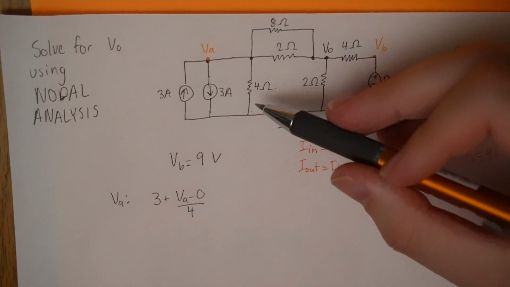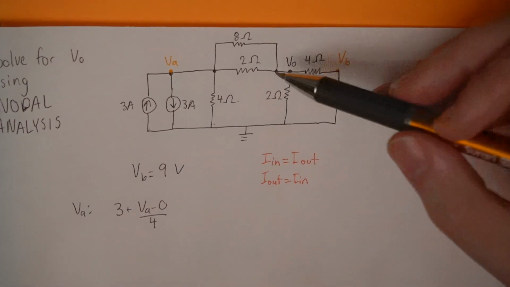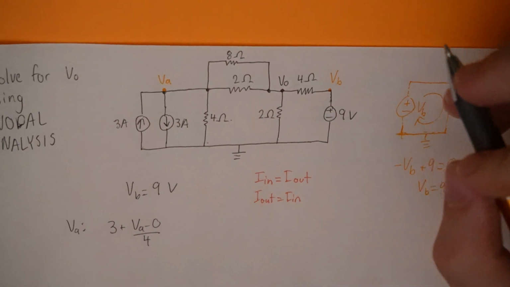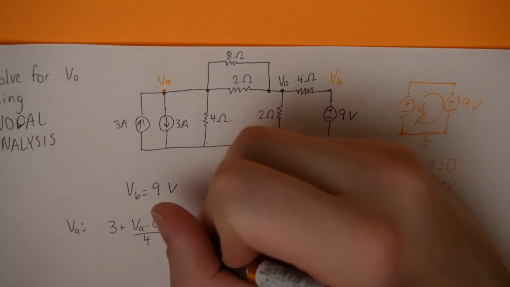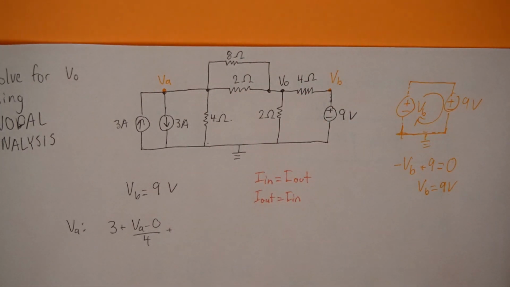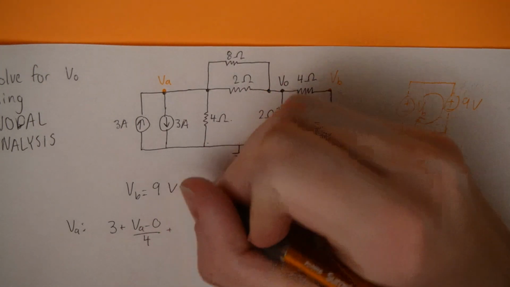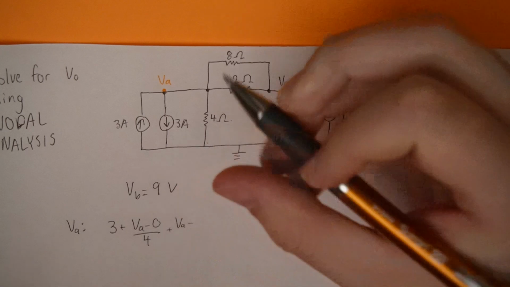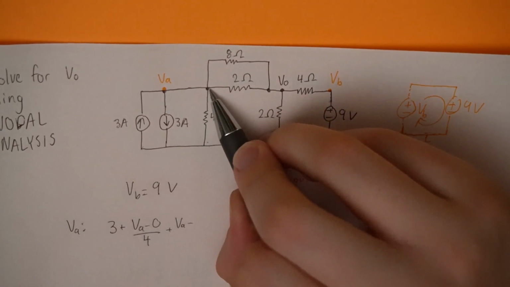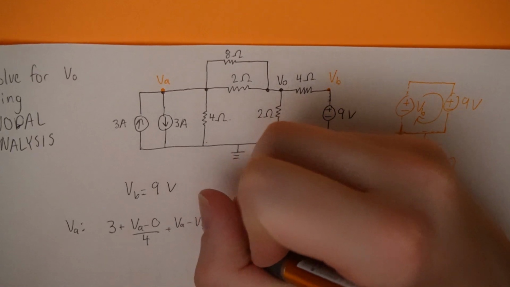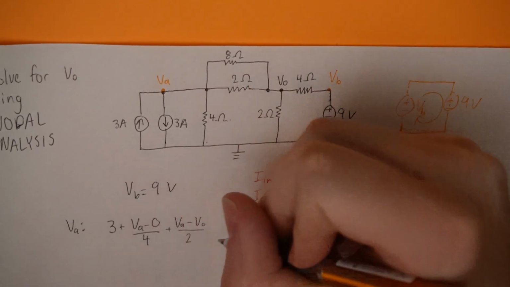Now, what other resistor can I work with? The 2 ohm resistor. I assume the current is just leaving the node, just because it's a resistor. So it'll be VA, because I'm assuming VA will be the positive side, minus what's on the other side, VO, divided by the resistance, 2.